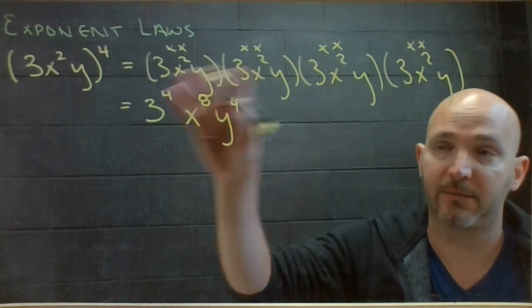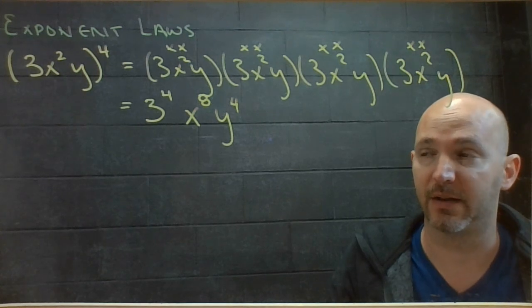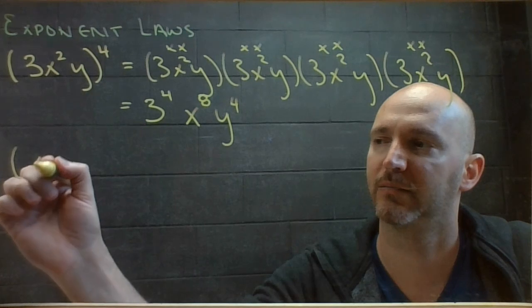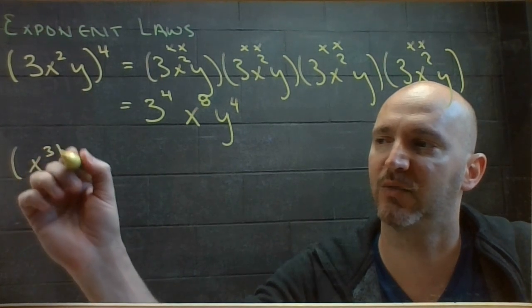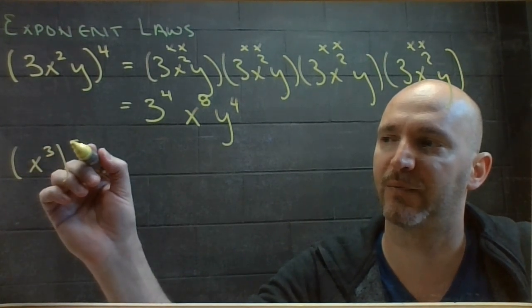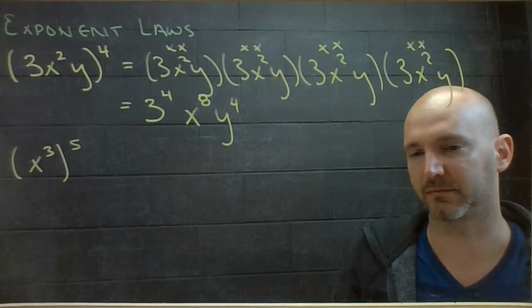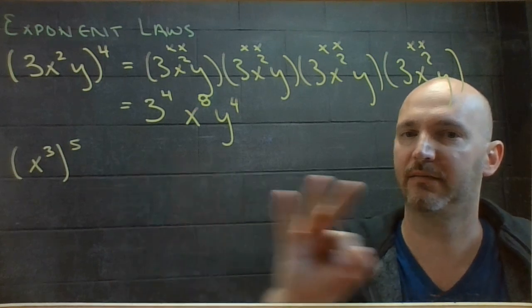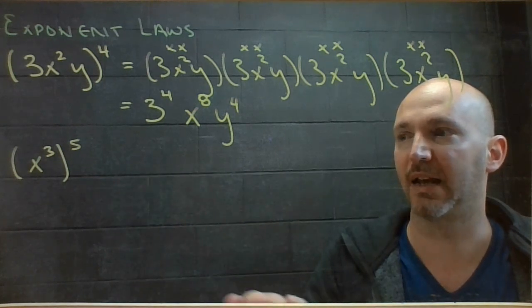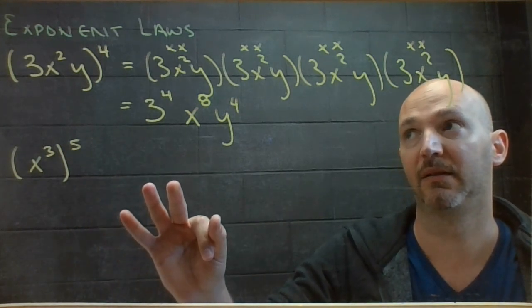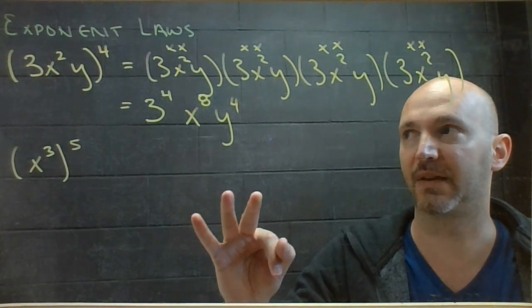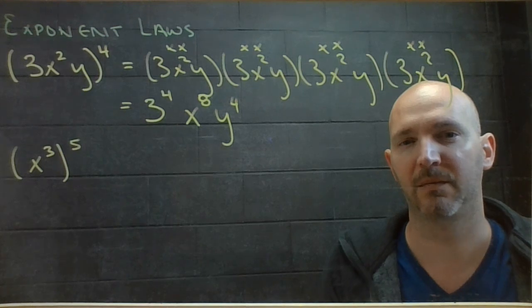Now again, I don't want to have to write all this out every time. So if we try to think about what happened there, if I take x cubed and I put it to the power 5, I'm going to have to write these 3 x's 5 times. And if you take 3 things 5 times, that ends up with 15 of them.